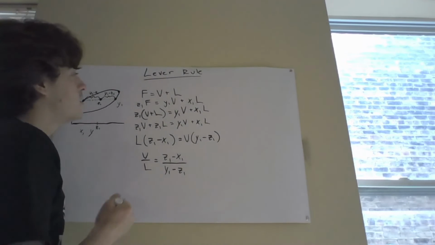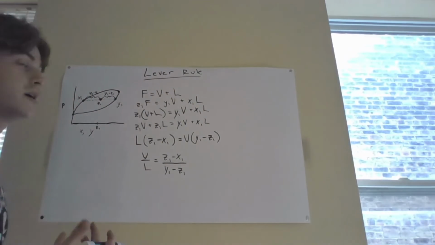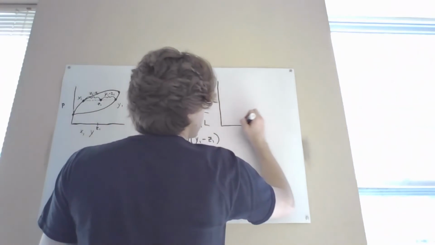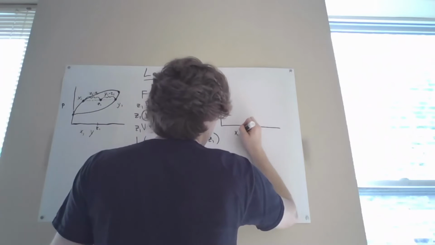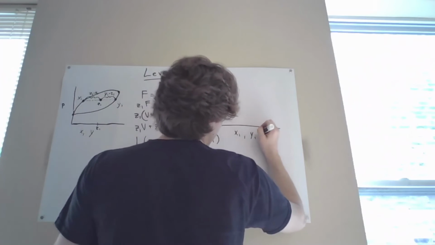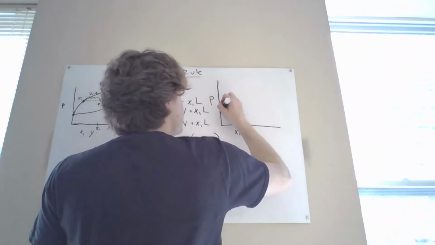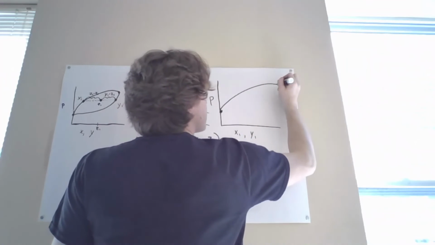This can also be used to see the behavior as we raise the pressure in our flash drum. So I'm going to draw another plot over here to make it a little easier to see. Pressure on our y-axis and x1 and y1 on our x-axis. And then we have our two curves again.